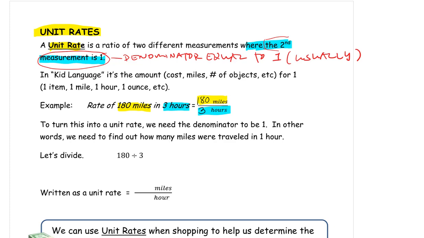So to turn this into a unit rate, so if you want to get the unit rate of this, we need the denominator to be 1. So again, the denominator should be equal to 1. In other words, we need to find out how many miles were traveled in 1 hour.